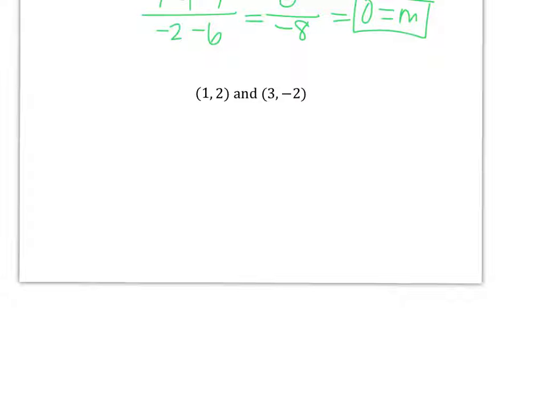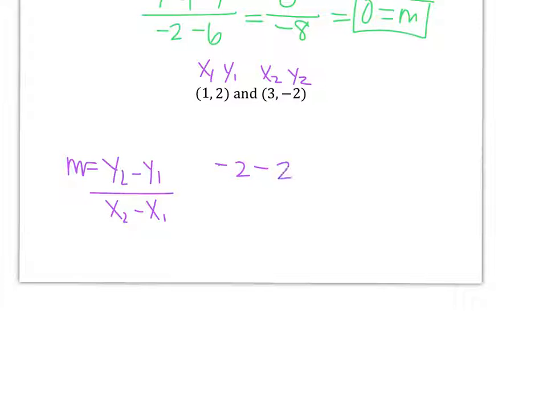Okay, for this example, I'm going to go ahead and label x1 and y1 and x2 and y2, and remember the formula is m equals y2 minus y1 over x2 minus x1. So here I have negative 2 minus 2 all over 3 minus 1, and I get negative 4 over 2.